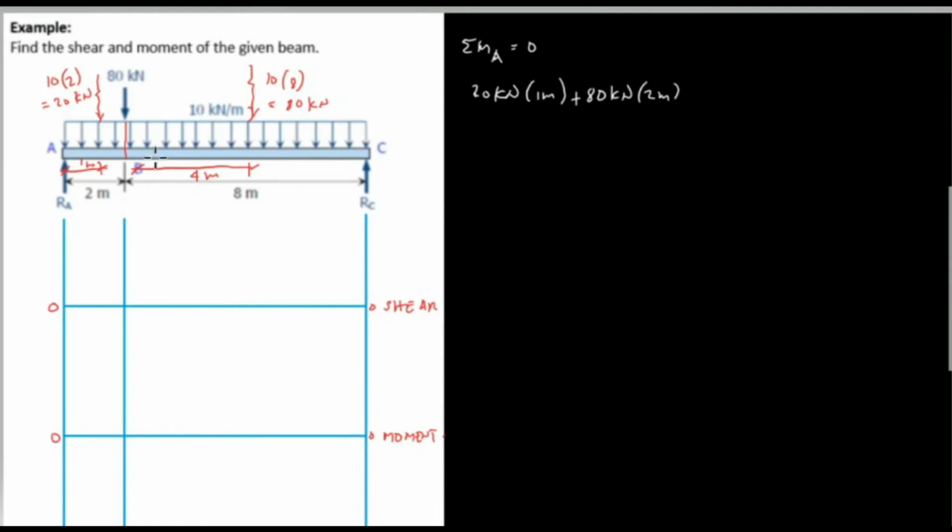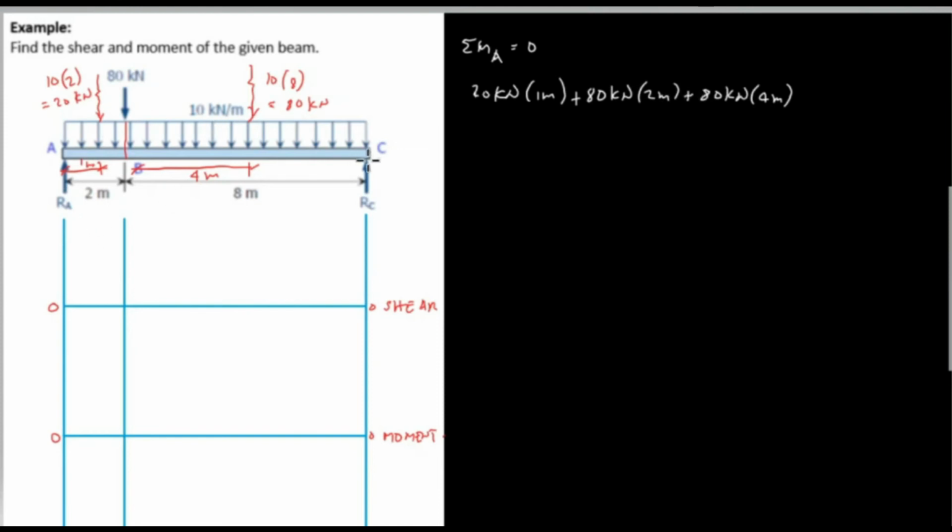Then, from B to C, we have a uniform load, and the resultant is equivalent to 80 kilonewton. So 80 kilonewton multiplied by the distance of the resultant to B, which is 4 meters, and the direction of the resultant of BC, which is a uniform load, is also clockwise direction, so therefore it is a positive sign.